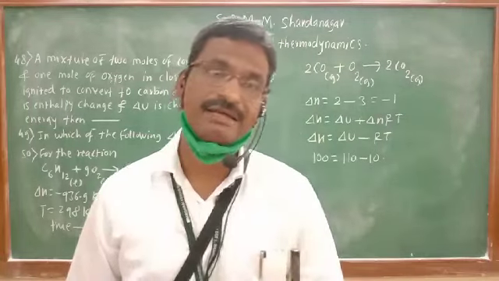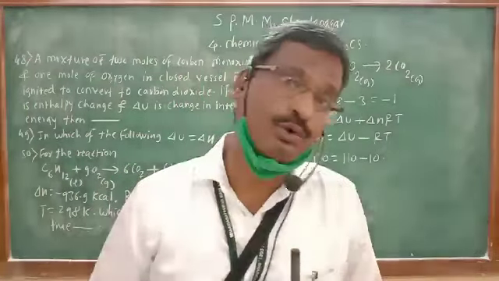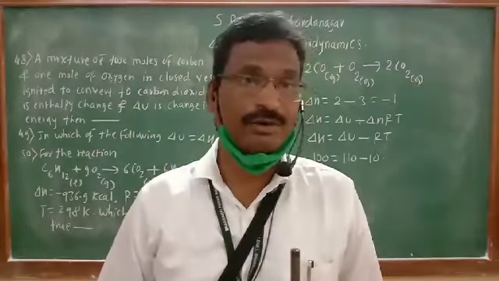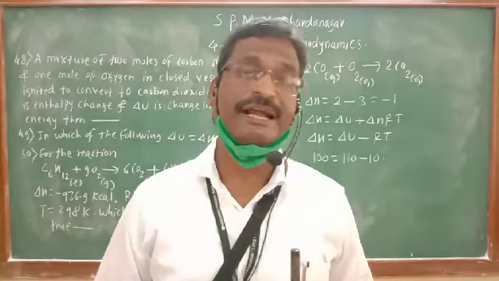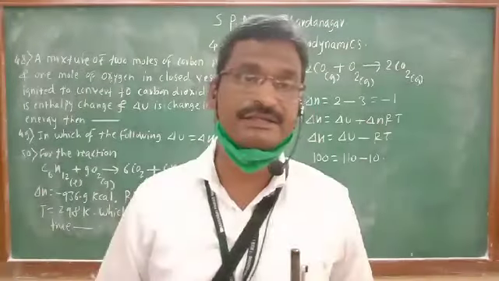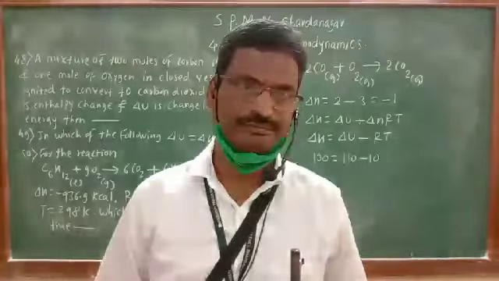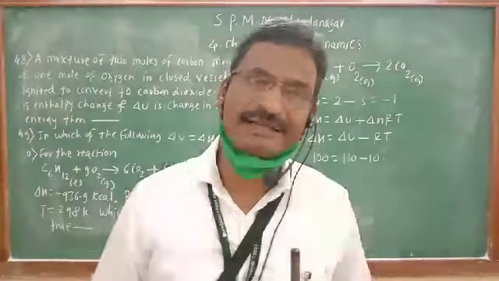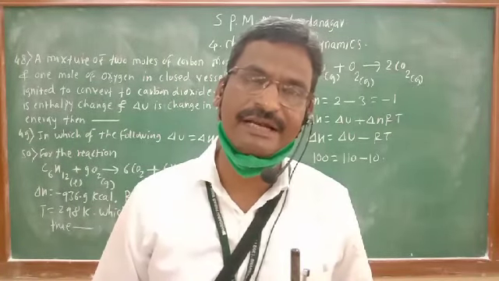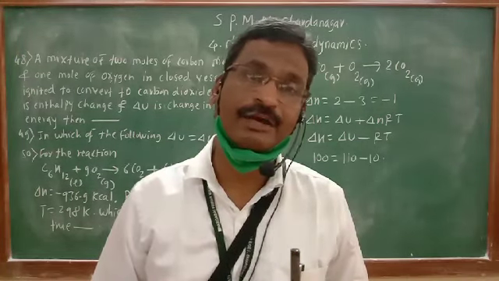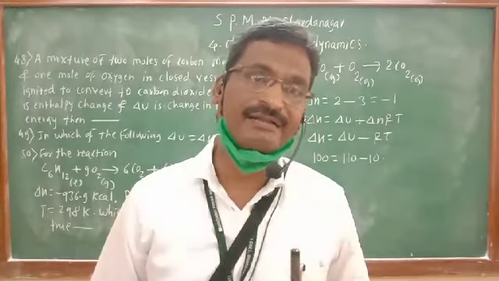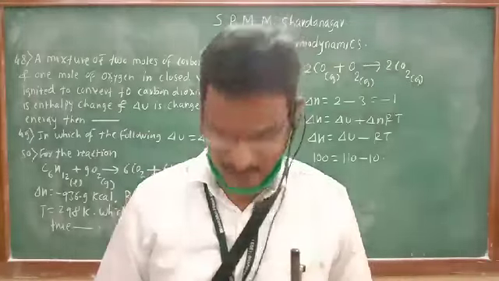Second, if the reaction is isochoric, carried out at constant volume, delta V is 0, so delta H is equal to delta U. And third, if the reaction is carried out in liquid or solid state, at that time delta H is equal to delta U.